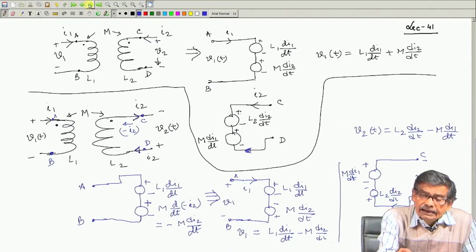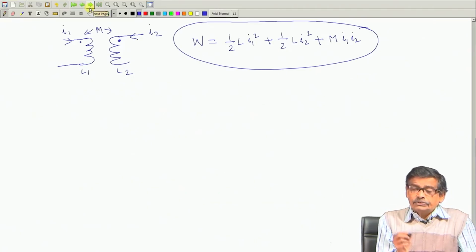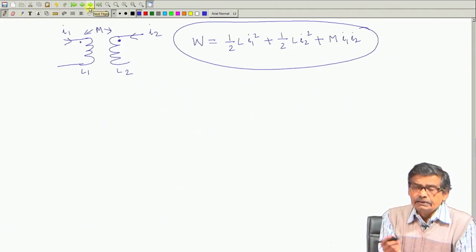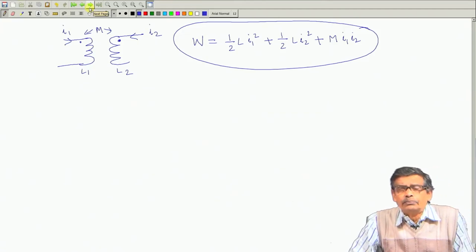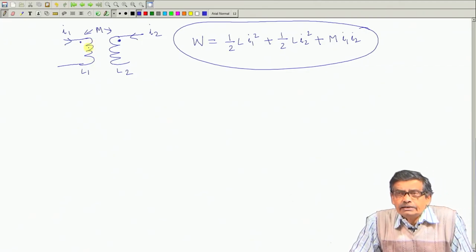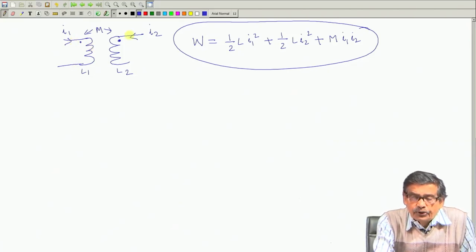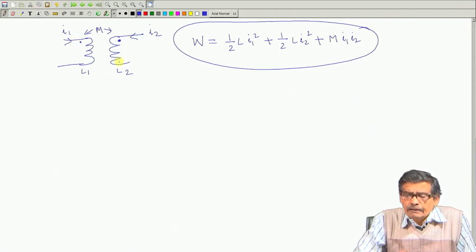Now, there is another source, and if the sources are DC, of course, there will be no induced EMF either in terms of self inductance or in terms of mutual inductance, and these two points can be shorted. For DC, it is very simple.